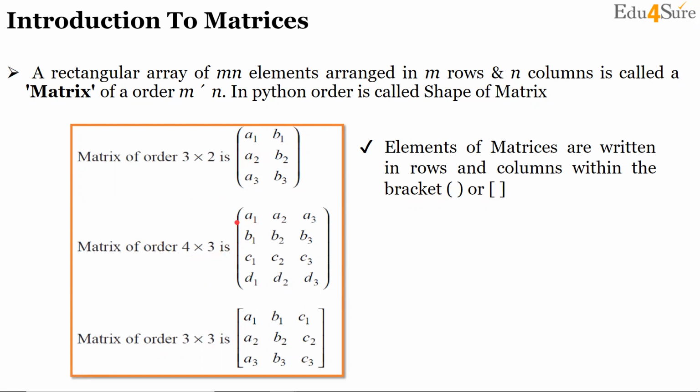You can see here there are 4 rows, 1, 2, 3 and 4, and we have 3 columns. So a matrix is a rectangular array where elements are arranged based on the m cross n order, and when you multiply m into n, you get the total elements. So this is called a matrix, and we call it the shape of a matrix.